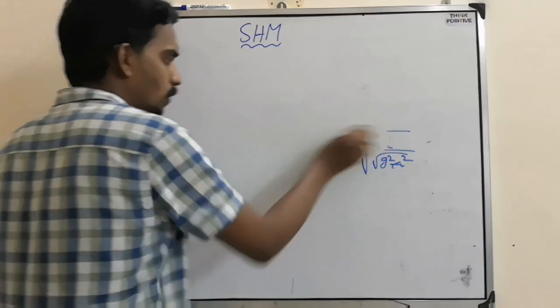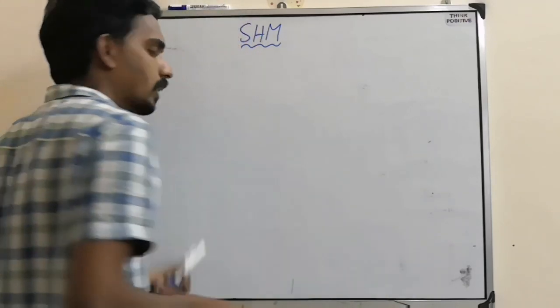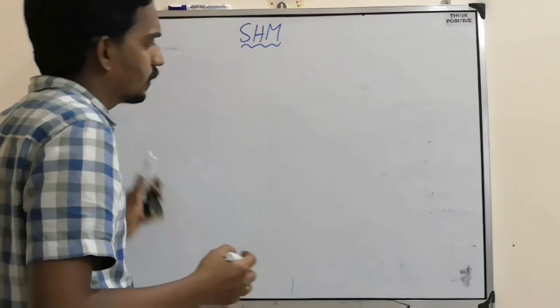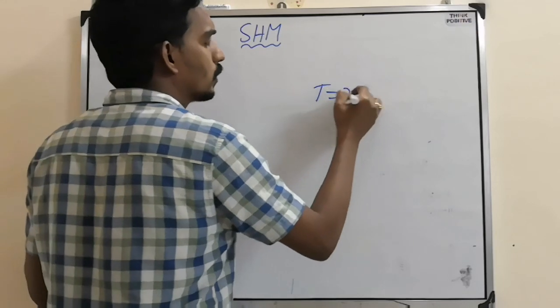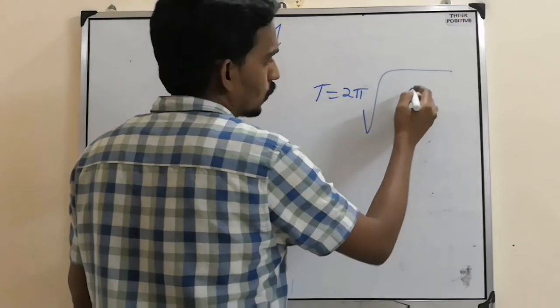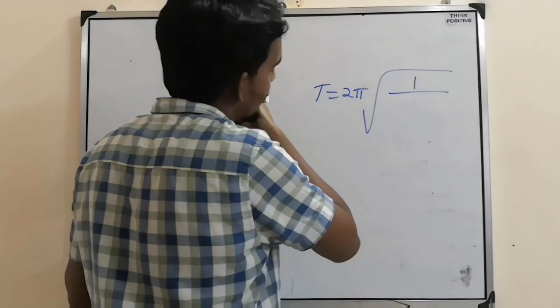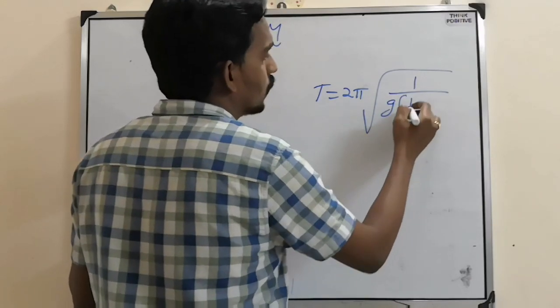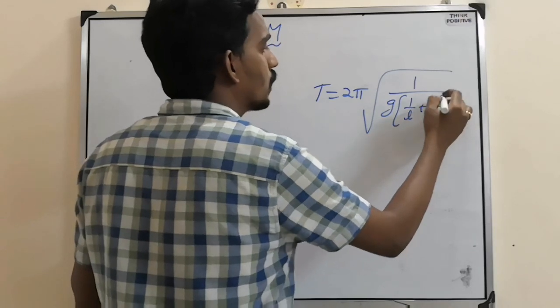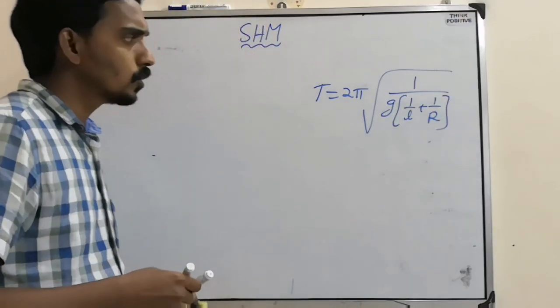And one more formula also, try to remember, that is T equal to 2 pi root of 1 by g into 1 by L plus 1 by R, whole inverse. So what is this?